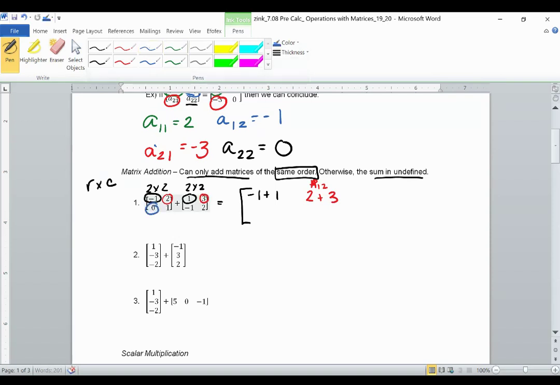And then we're going to take 0 plus -1, or 0 minus 1. So row 2, column 1. And lastly, 1 plus 2. And then you're just going to add those together.